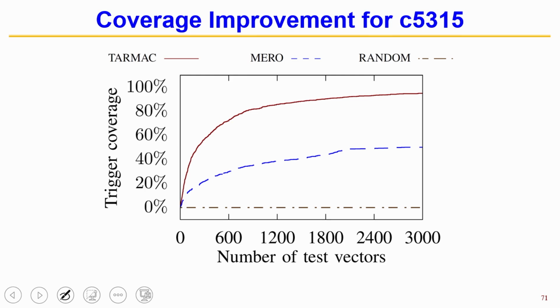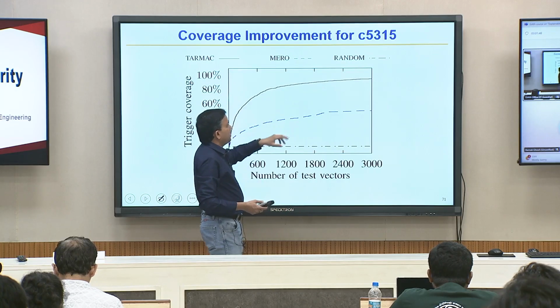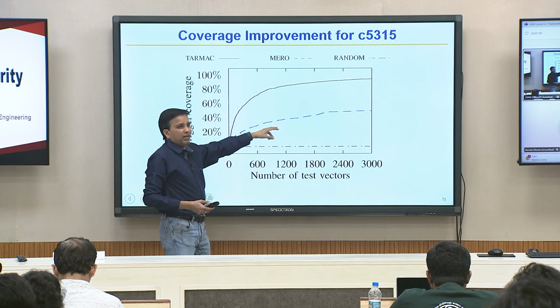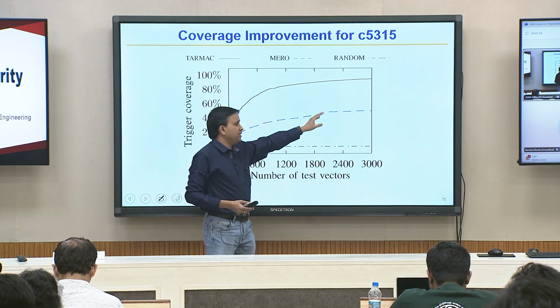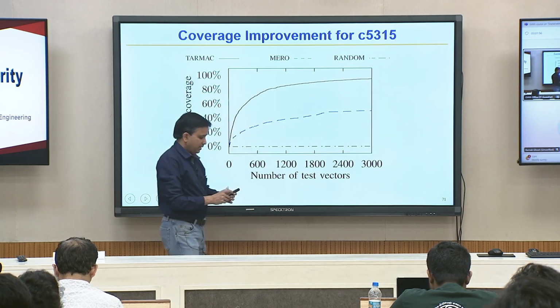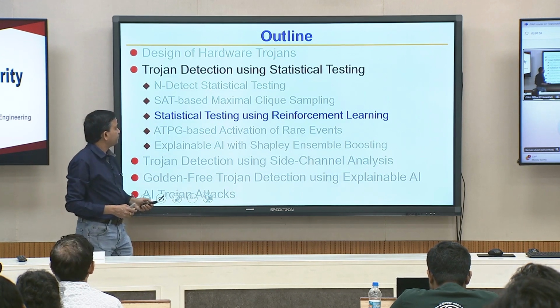For random, because these are rare signals, this is what random is expected to do. We got only 3000, and even if you go to a million, it may not move much, because those are rare signals by definition. Then you do MERO, it goes up to a certain number, and then you get 80%. Again observe, in the MERO paper this number is not 40, it is 70, 80, 90. We will show why that is still consistent.